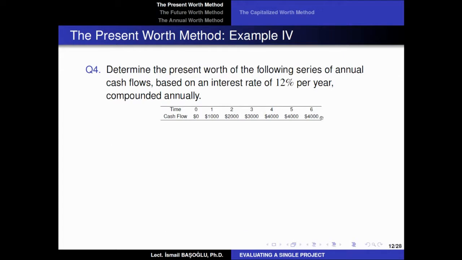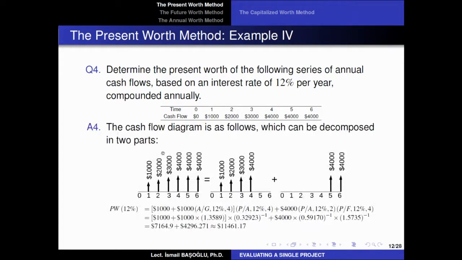Okay, so the cash flow diagram is like that. That is the cash flow diagram of this question. Now we are going to decompose this cash flow diagram into two parts. First, we are going to focus on the first 4 years where we have a gradient series, and in the last 2 years we have a simple uniform series.